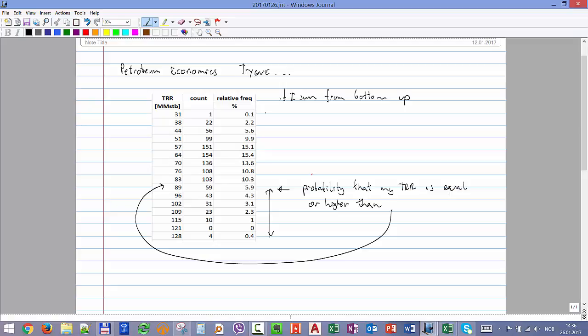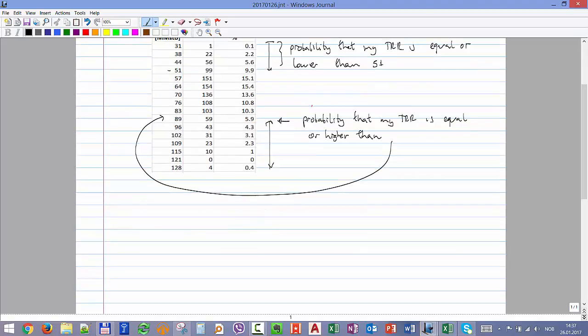When I go from top down, I say the probability that my IRR is equal or lower than, in this case, will be 51. It depends how I sum, bottom up or top down. Then one more thing that was missing.